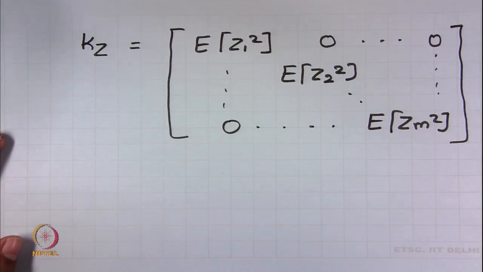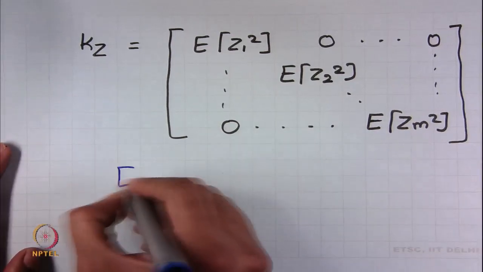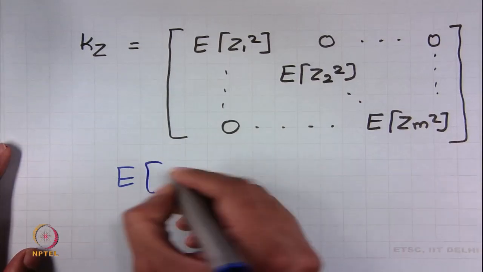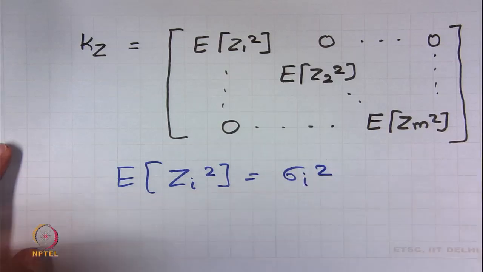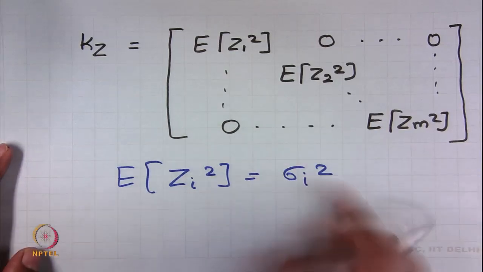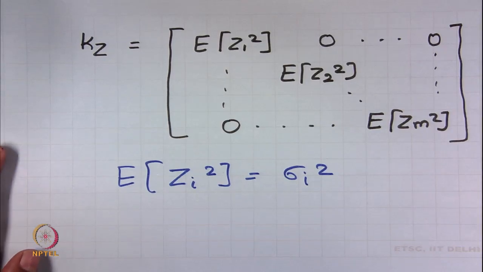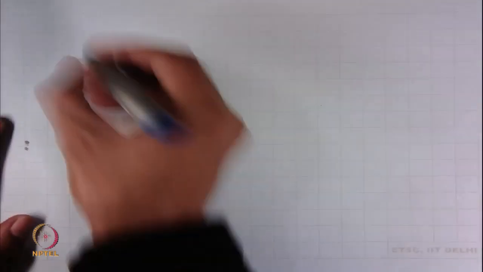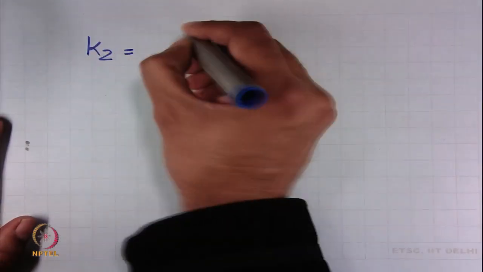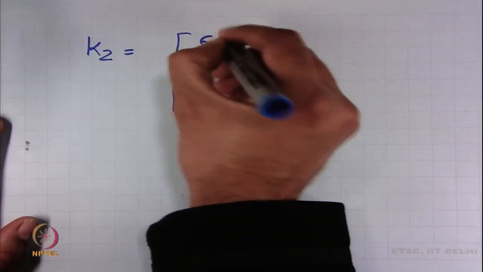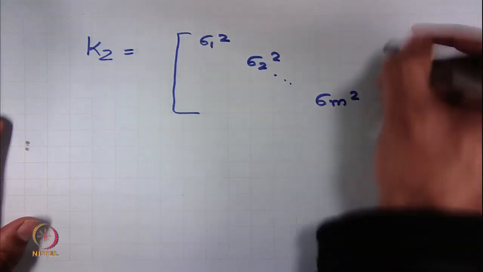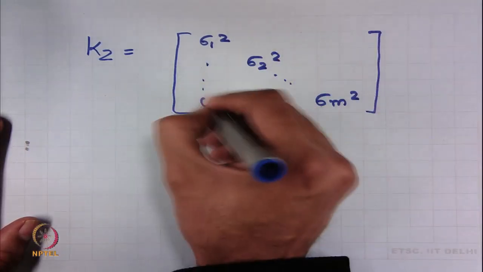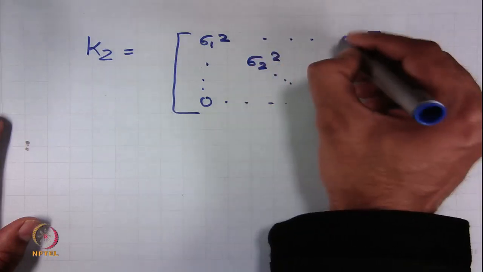Now, let me use a notation to simplify this expression, that expected value of Zi square is sigma i square. Okay. So, we are using this notation to talk about expected value of Zi square, and hence our covariance matrix becomes sigma 1 square, sigma 2 square, sigma m square, right.